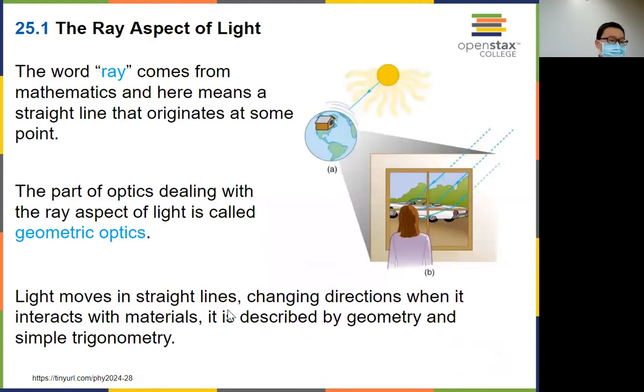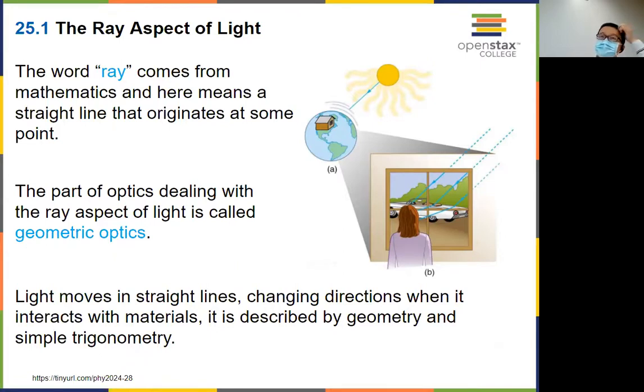So first, before we start, let me give you this property of light. When light propagates in a medium, we use a line and arrow to represent it. We call it a ray. If light moves in a uniform medium, then it travels in a straight line, and it will change direction if it interacts with material.